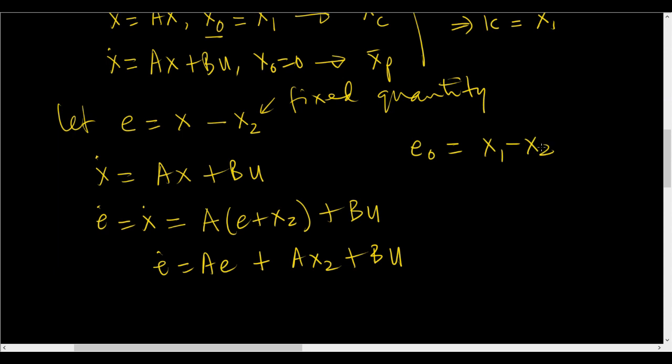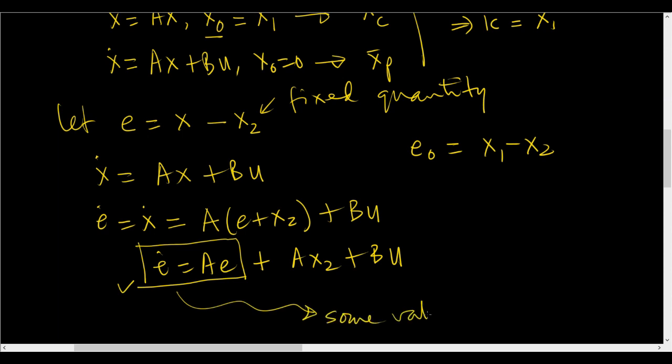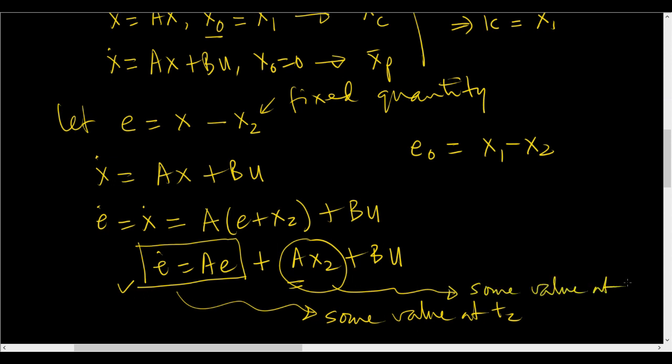And then what we will do is the initial condition for E at 0 is x1 minus x2, and so from this we will find a complementary solution, and that will evolve and it will have some value at t2. This will just be a constant, so it's like forcing. This will have some value at t2, and this will lead to another one.